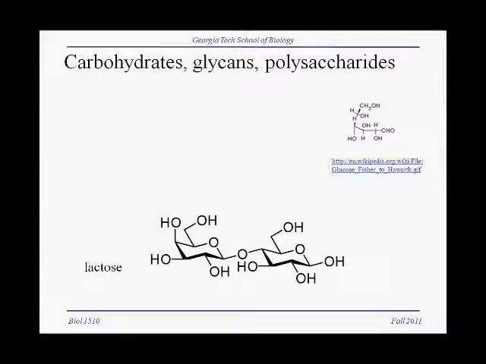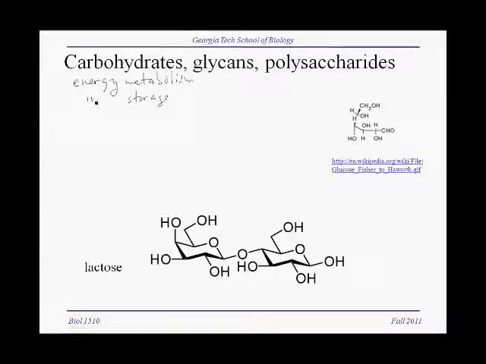So let's start off with carbohydrates. Carbohydrates are important, of course, for energy metabolism. They store energy, and glucose is the main molecule used by cells as fuel to power the work that they do.